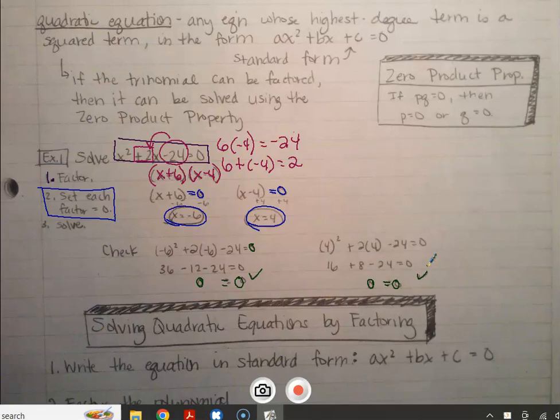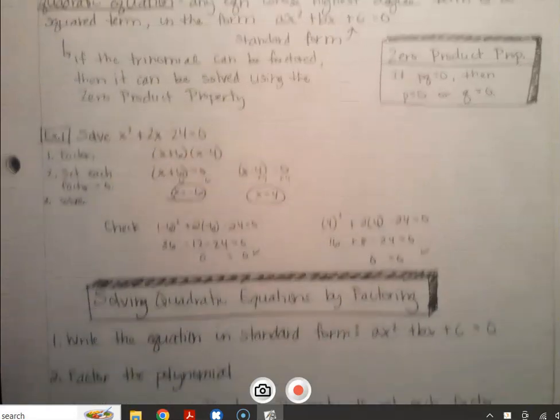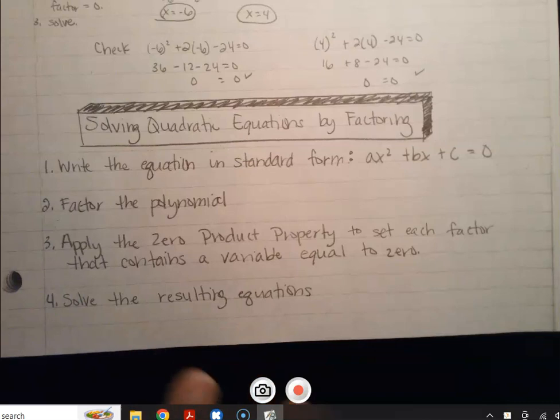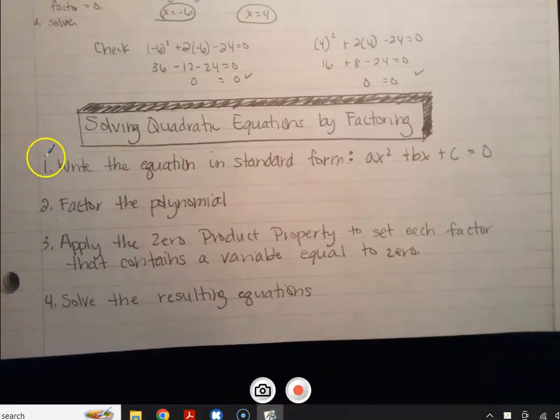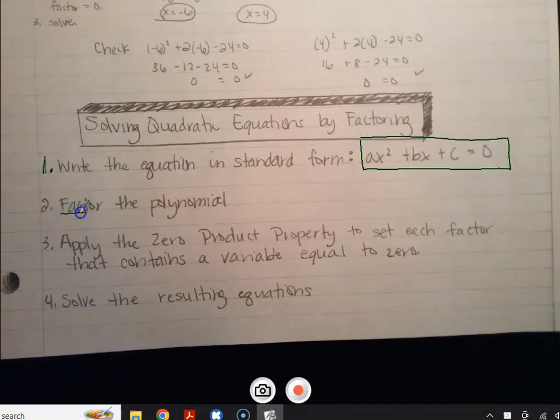So let's look at the steps to do this. We kind of just walked through them quickly, but let's look at them a little more in depth. Solving quadratic equations by factoring. Number 1, write the equation in standard form, so ax squared plus bx plus c equals 0. Step 2, factor the polynomial.